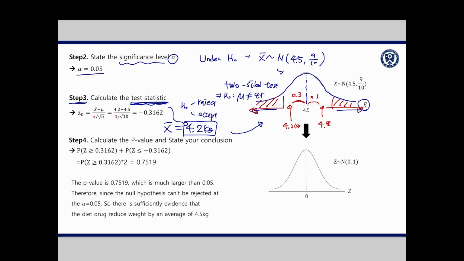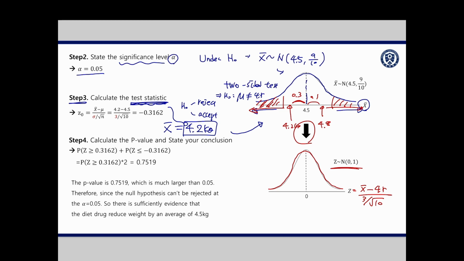Okay, and for the convenience of the p-value calculation, we standardize it like this. Z means X bar minus mu equal to 4.5 over sigma equal to 3 over square root of 10. So that is like this distribution.